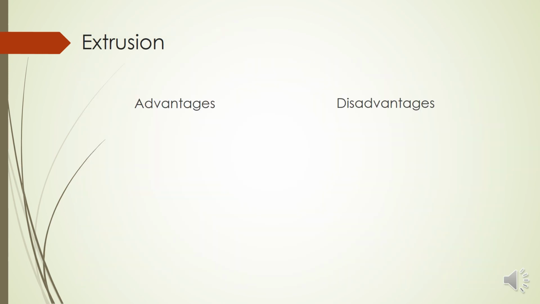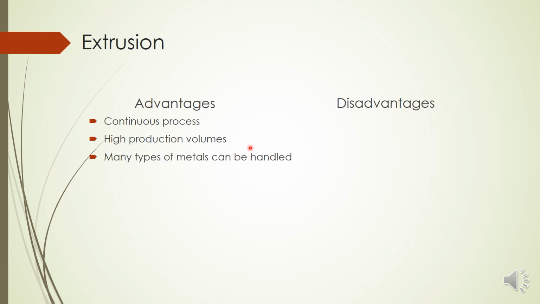So next we are going to the advantages and disadvantages of extrusion. The first advantage is a continuous process. So extrusion is a continuous process, that is an advantage. High production volume. We can produce very high production volumes in extrusion.